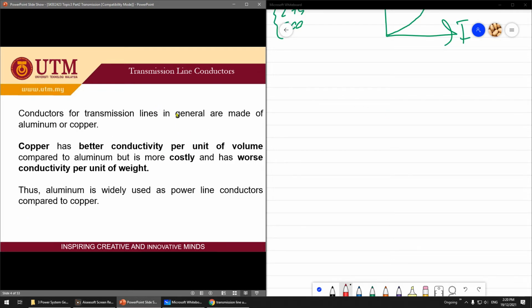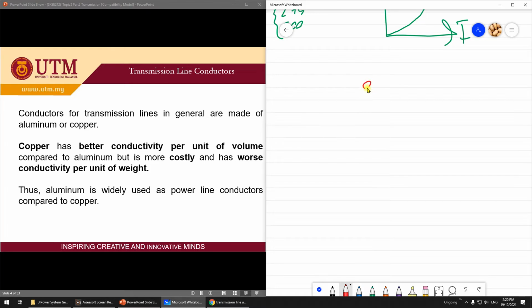Conductors for transmission lines are in general made of aluminium or copper. Copper has better conductivity per unit volume compared to aluminium, but it is more costly. So the conductor can be either aluminium or copper.